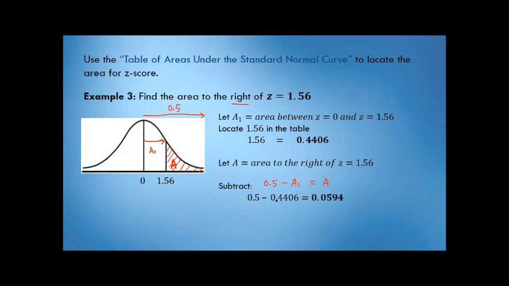Kaya 0.5 minus 0.4406, which is the area 1, is equal to 0.0594 in decimal or 5.94% in percent. So, in-conclude lang natin, therefore, the area to the right of z equals 1.56 is 0.0594 or 5.94%. So, ito yun.